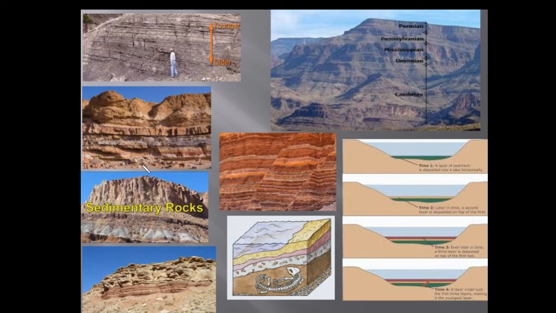That means these layers, from the lower strata to the higher strata, also show the formation of the fossils. If this is the lowest strata, in the lower strata definitely there is a presence of the oldest fossils.